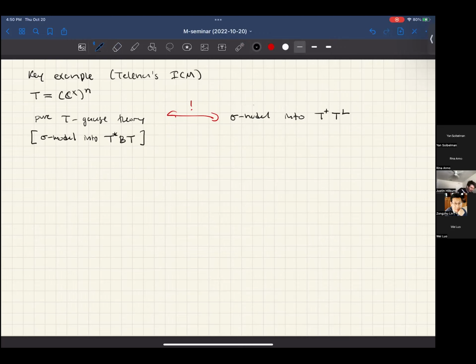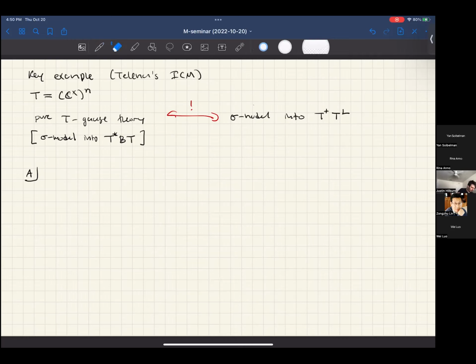All right, so let's try and think about what the A model might be. So Teleman's proposal is, T star means the cotangent bundle, or cotangent stack maybe. Here it's just the cotangent bundle.